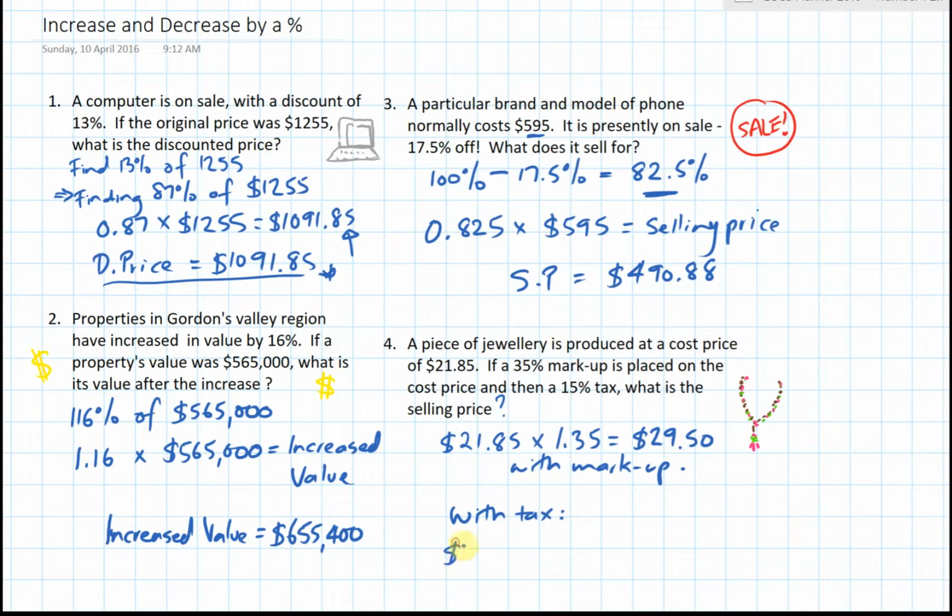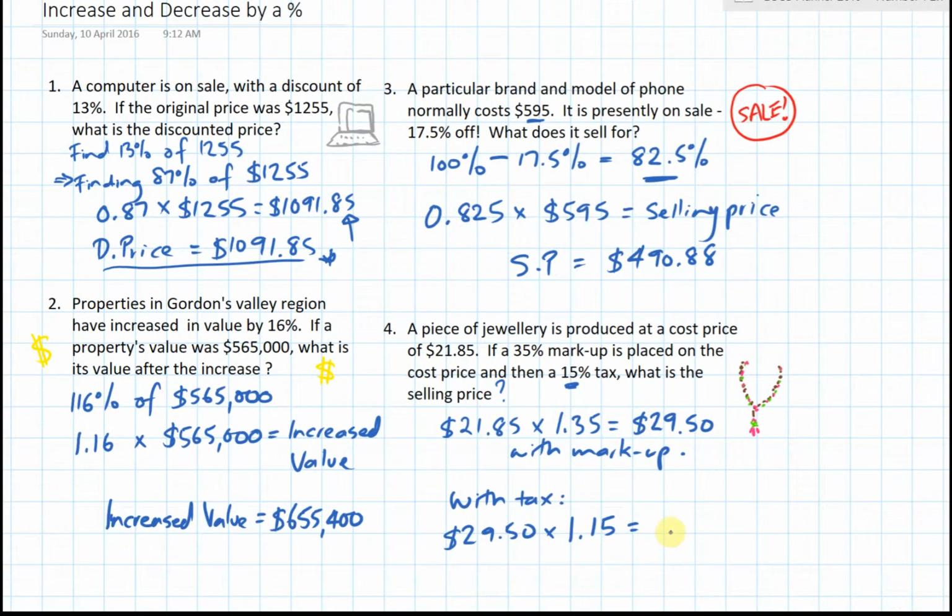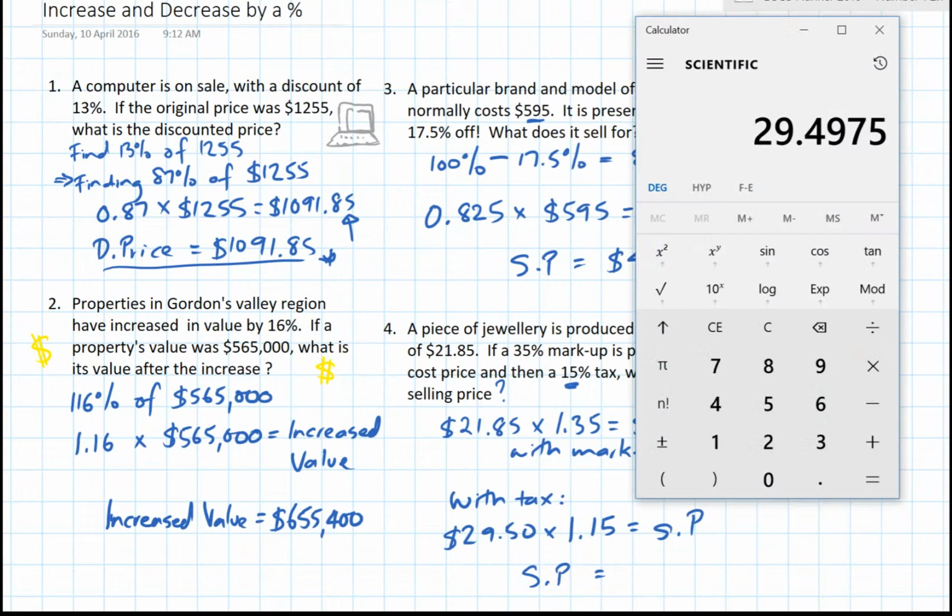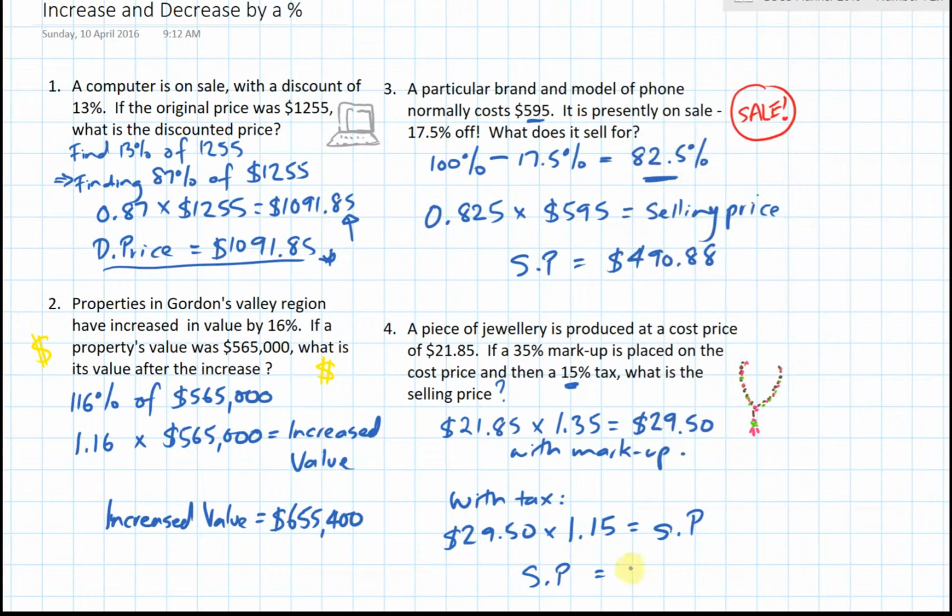So we're going to take our $29.50, 15% tax we need to add on, so we're going to be multiplying that by 1.15, so 115%, and that will give us the selling price. So selling price is equal to $33.93.